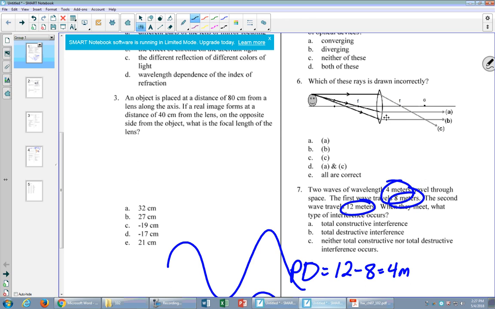All right, you might have more than one that's drawn incorrectly, or you might not have any at all drawn incorrectly. So make sure you go through and look at each one carefully, and make sure that it follows one of those rules. I can tell that one of them is wrong, because I have places where 2 rays meet up. Right here, I have rays meet up, and right here, I have rays meet up.